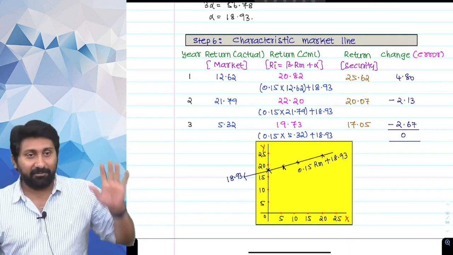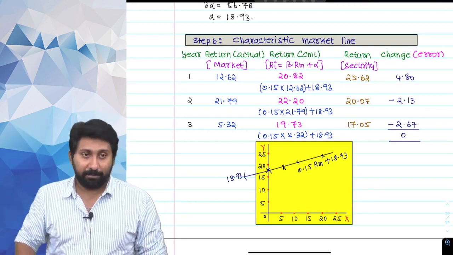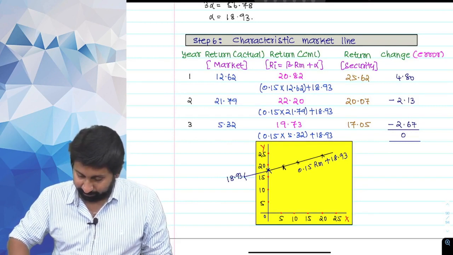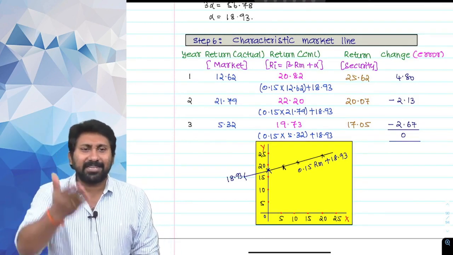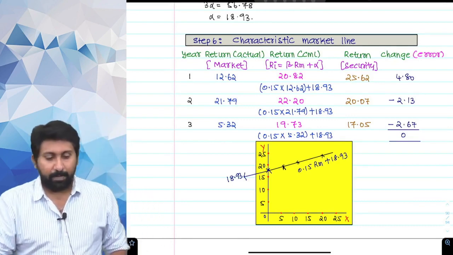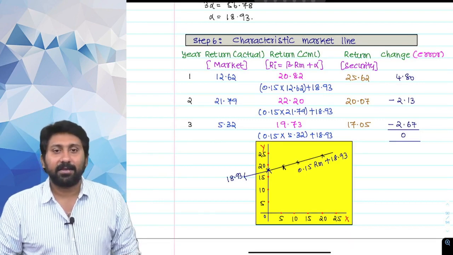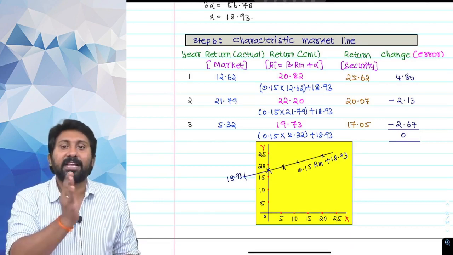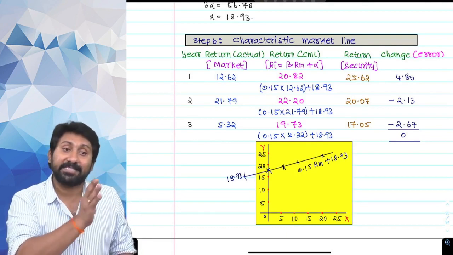Now listen carefully. Here comes the real analysis of Sharpe. How to analyze this is the question. Why did the differences come? It should be the same, no? Listen. What is risk? Not getting the expected return is a risk.